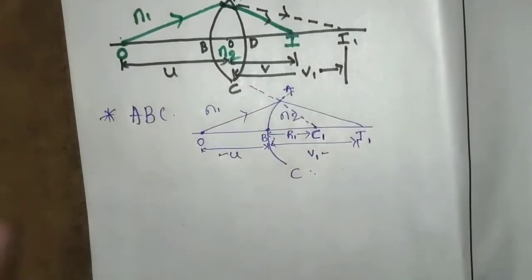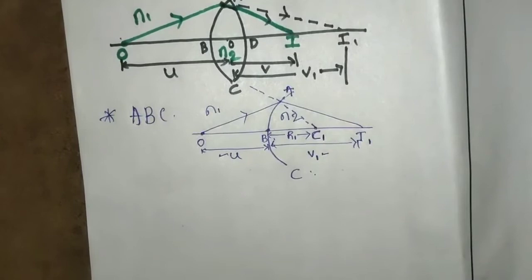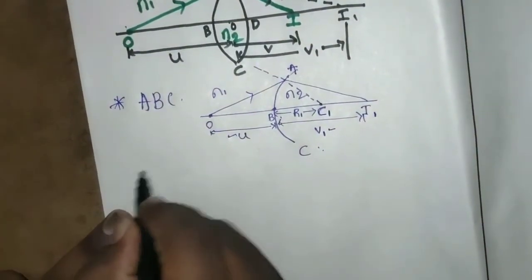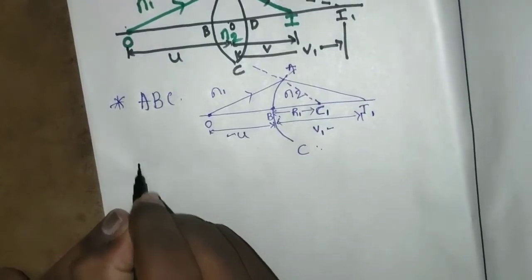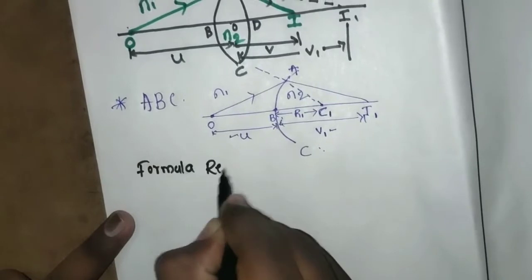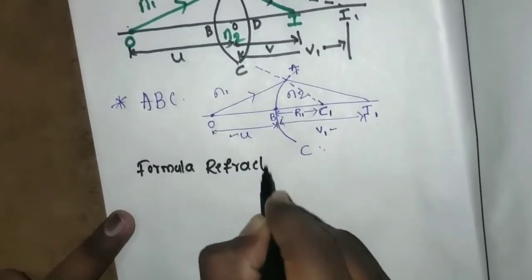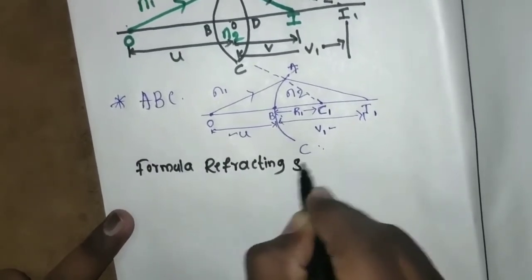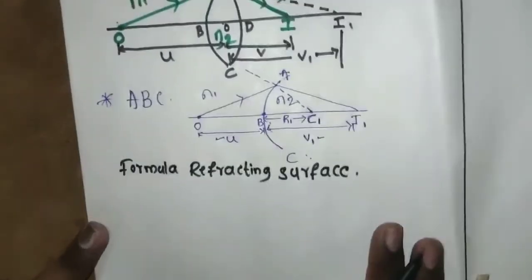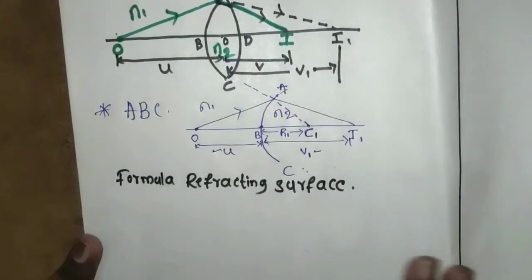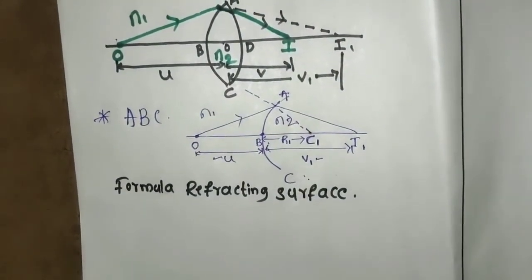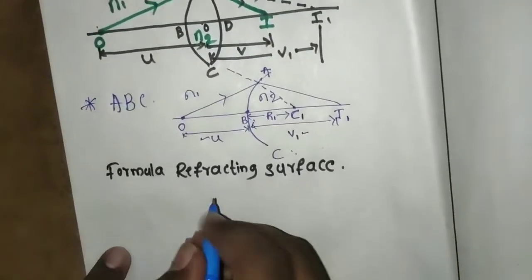Now I will write a very important formula, the formula of the refracting surface. Remember this formula, you have to remember it. Now I will tell some simple tricks to remember it.